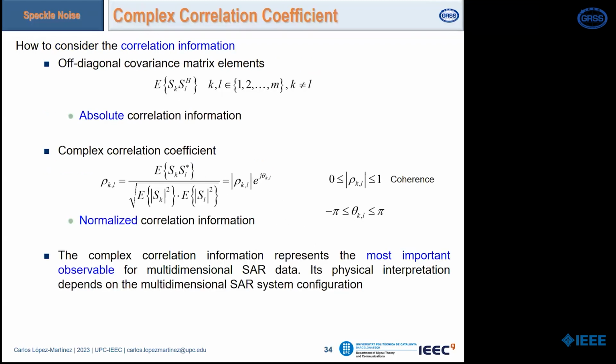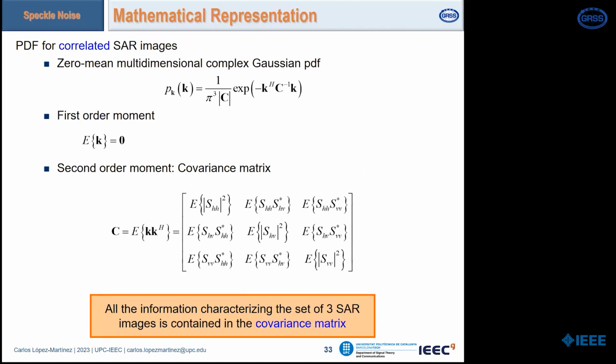So the diagonal elements contain the intensity, as we know. The off-diagonal elements are these guys here, but the most important thing is that these can also be normalized, so we go to the normalized correlation. Remember, polarimetry is contained not only in the intensity, but also in the correlation of the SAR images. This is the information given here.